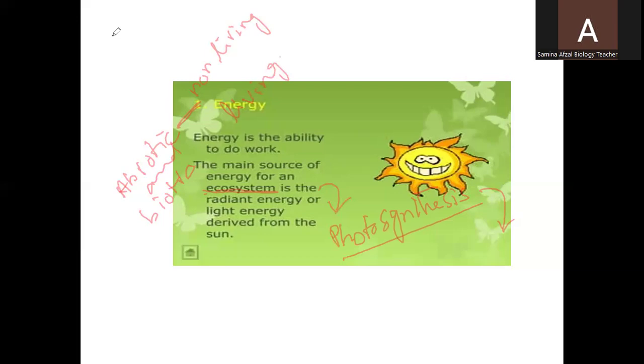In this way, the sun energy is captured by the green plants, and that energy is used to manufacture the food, and then the food is transferred to the other organisms which depend on plants. The food and the energy transferred to the other organisms is used to do work. So we can say that all living organisms depend on photosynthesis for energy and for food.